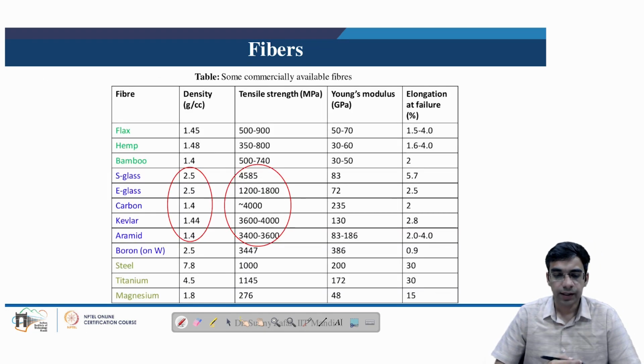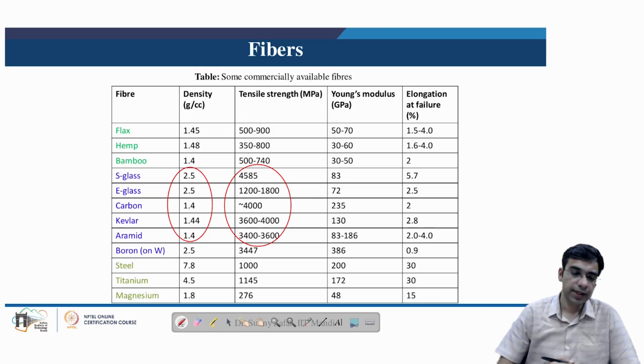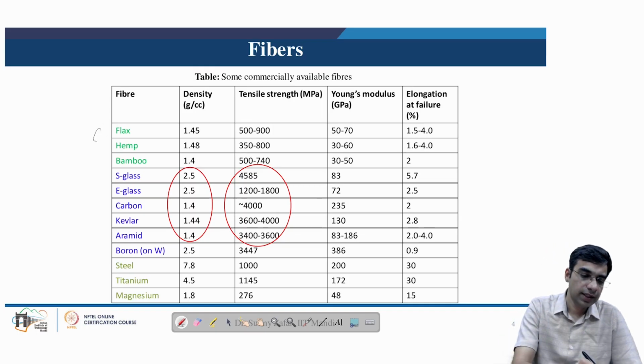So here we will see the table which highlights the comparison of some of the properties of fibers compared to the monolithic metals. So these properties include density, tensile strength, Young's modulus, and elongation at failure. So here some of the fibers as mentioned above are basically natural fibers.